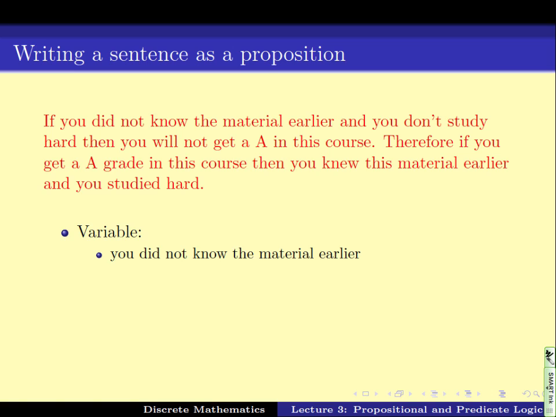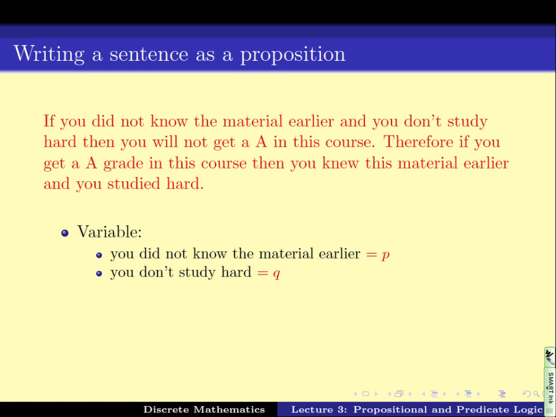Now this is a statement. I don't know how to break this statement into smaller statements, and hence I call this one a variable. Let's call this P. What is the next statement? It is you don't study hard. Let's call this variable Q.